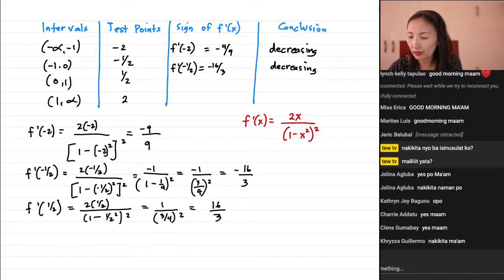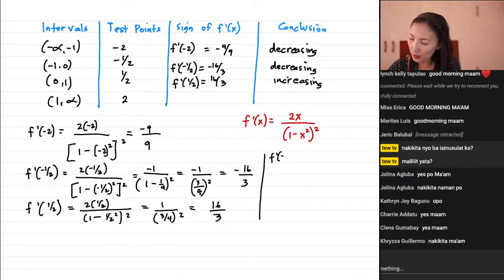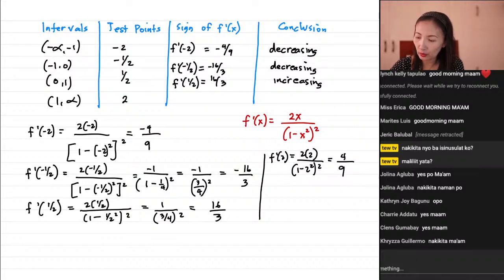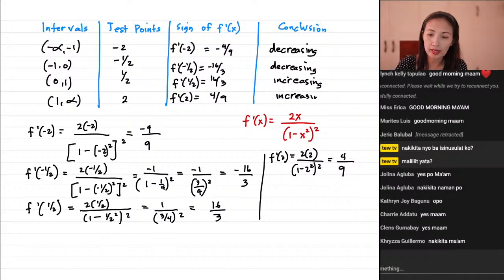F prime of positive 1 half is 16 over 3, so it's increasing. Then f prime of 2 will be 2 times 2 over 1 minus 2 squared. So 4 over 9, positive. F prime of 2 is equal to 4 over 9 and it's increasing.